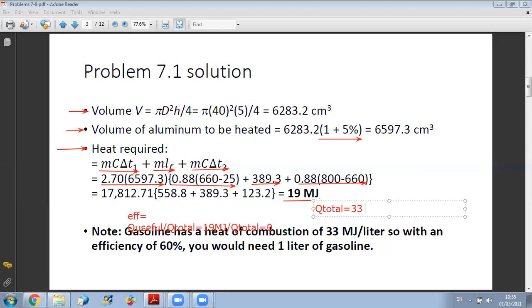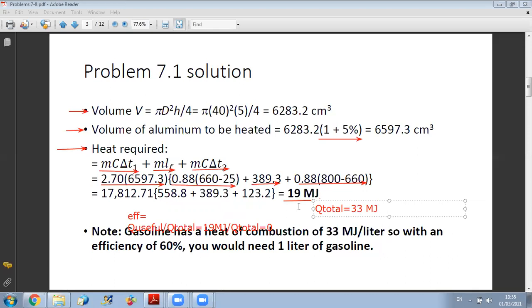So for example, if I use gasoline, which is characterized by a heat of combustion of 33 megajoule per liter, then I should burn 1 liter of gasoline in order to heat my aluminum from 25 degrees to 800 degrees. So you can see that the amount of heat is really high, and therefore I need a considerable volume of gasoline to achieve this heating process.